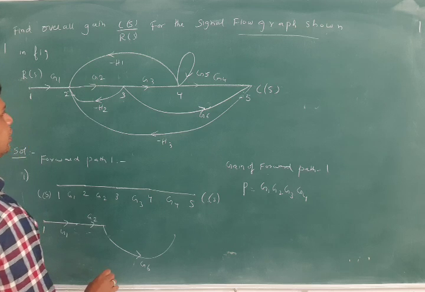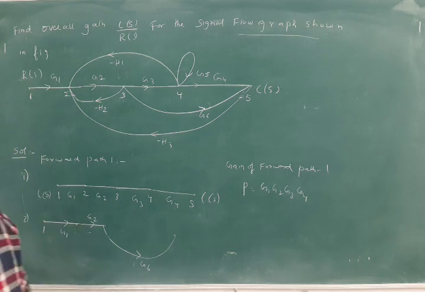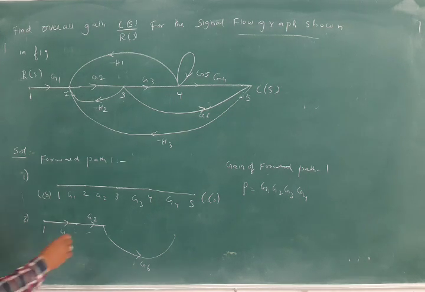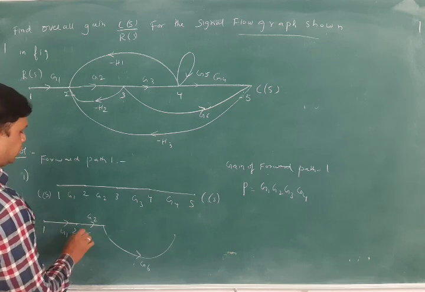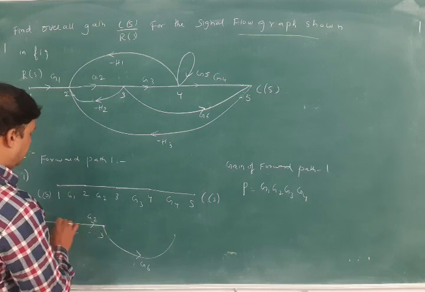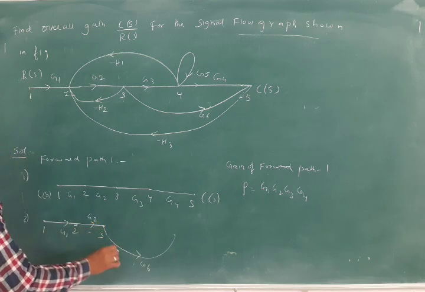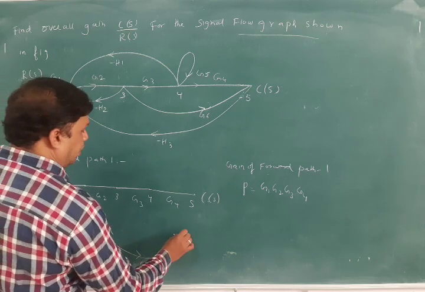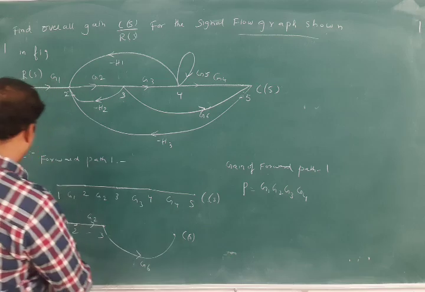So you will have one more forward path, G6. See here this G1, G2, and these are the points: this is the third node, you can say 1, 2 and 3, and from here it has a forward path up to C of S, and here it is R of S.